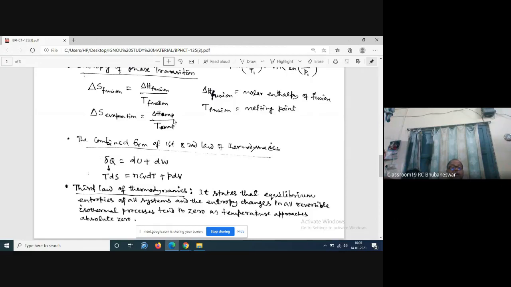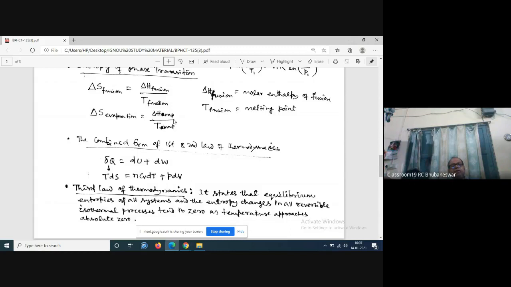We know dS equals delQ by T. So delQ equals TdS, by cross multiplication.